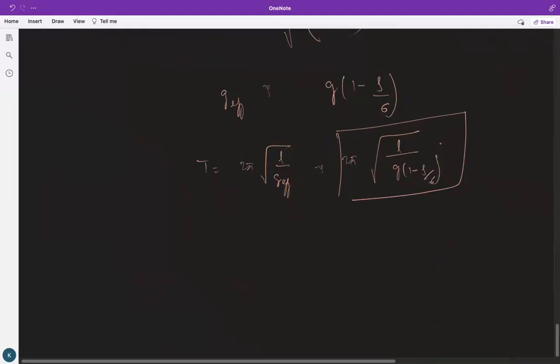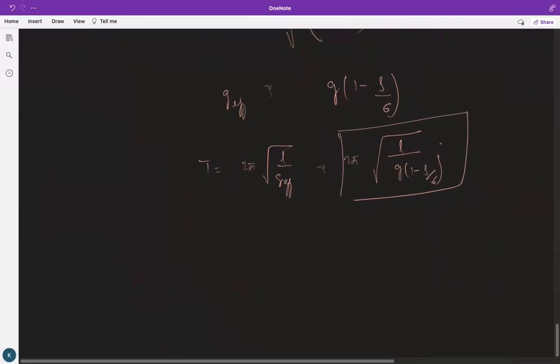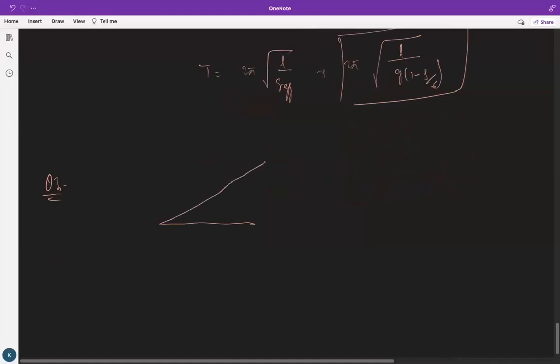Now let's take our last system, which is based on a wedge, in which there is a box under which there is a simple pendulum, right?